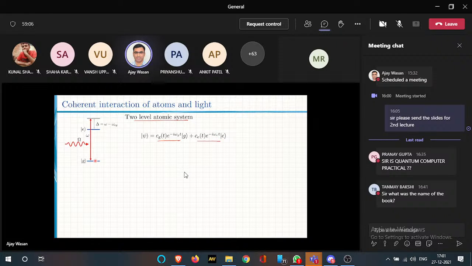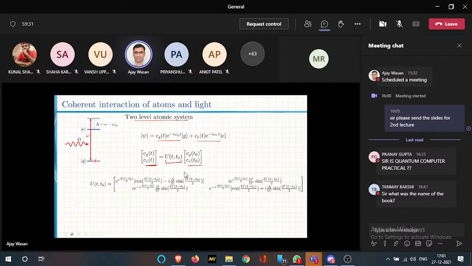Some terms are coming there, and this is a state psi, which is a function of time. I can write this state at any time, initial state or final state, and there is some unitary matrix. I'm not going into details of how I calculated this, but I am going to show you what result comes when we do the calculation. This unitary matrix has this type of form.